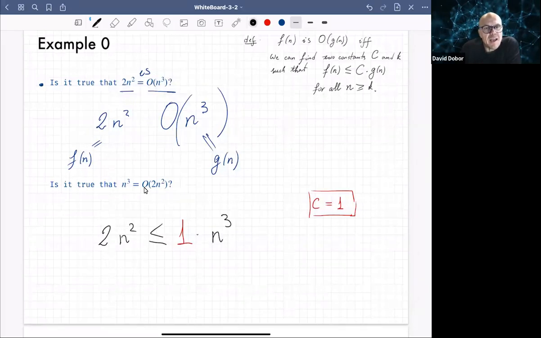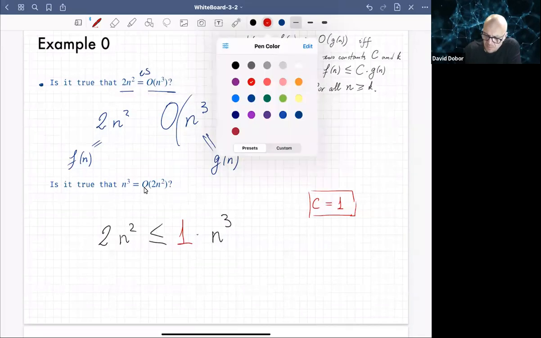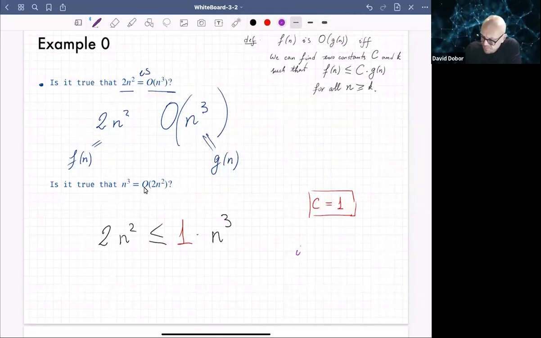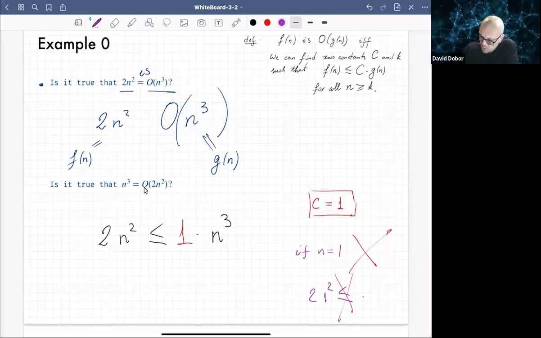Clearly when n is 1, it's not true, because 2 times 1 squared is not less than or equal to 1 cubed. So it's not the case.